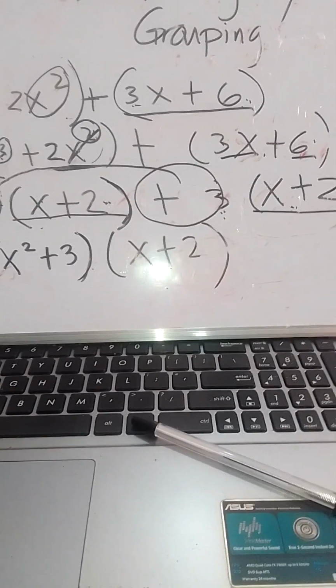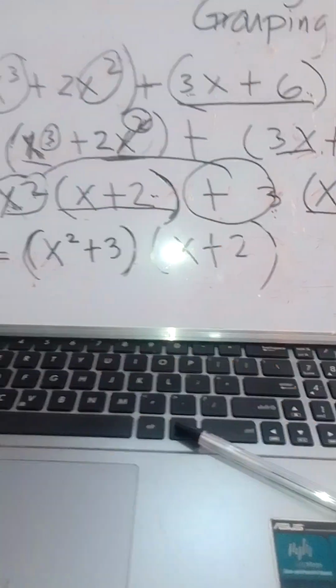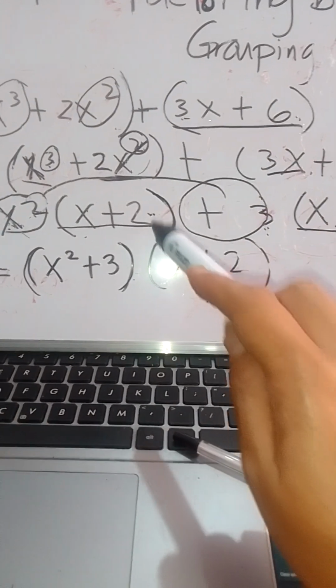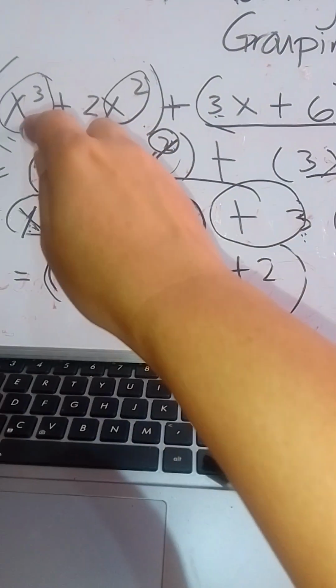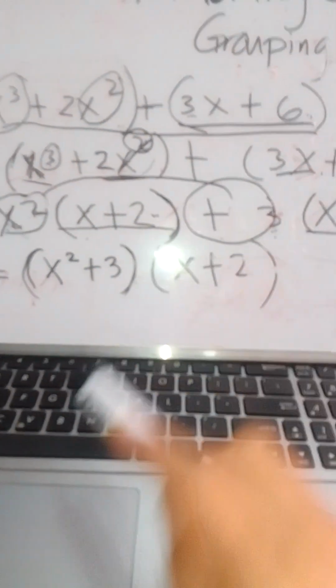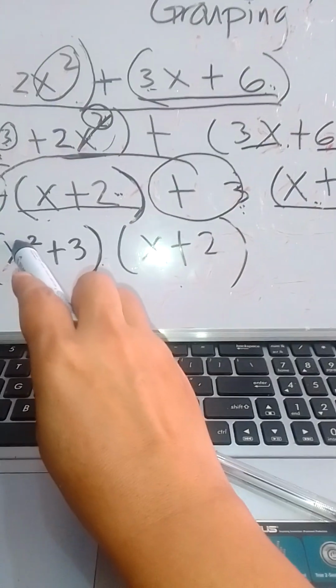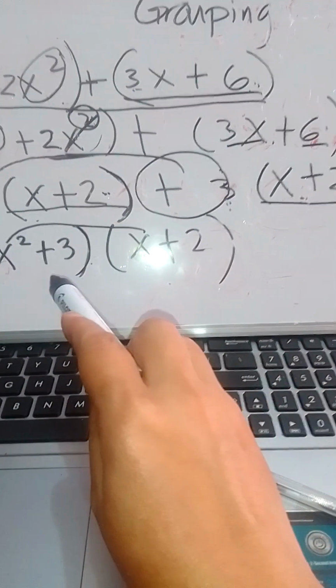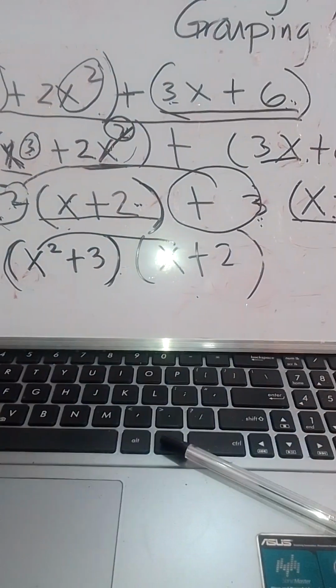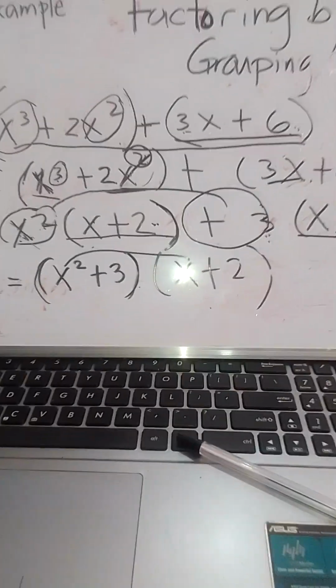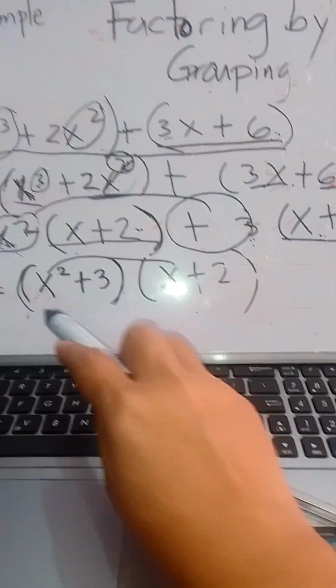Okay, so when you recheck this reversely, this will come out with the original equation. So x squared times x. You use FOIL or whatever method you want to check this.